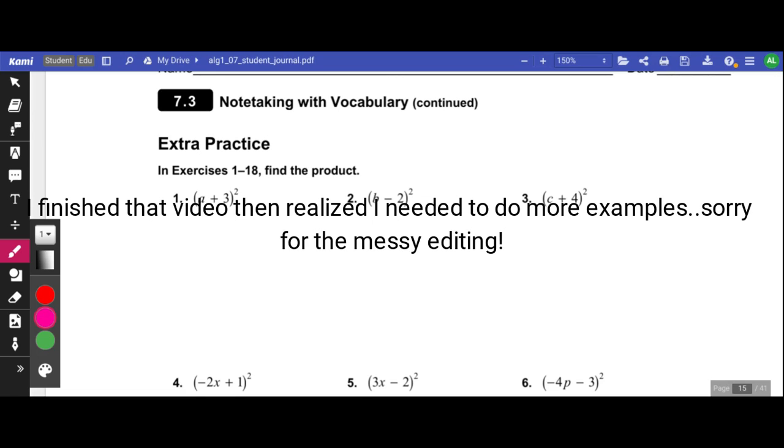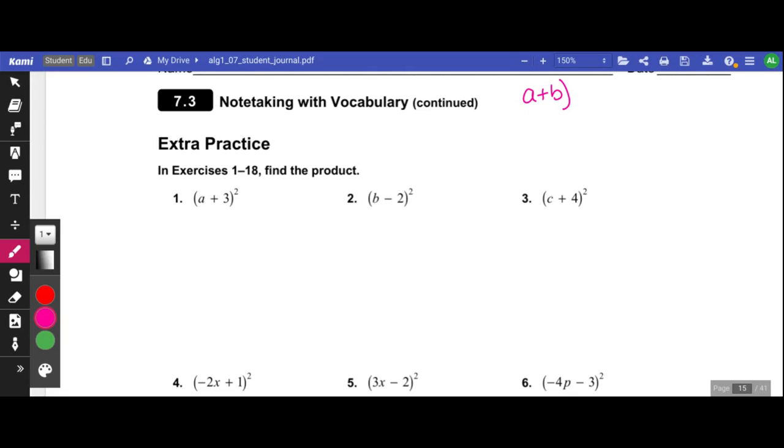Right? So I'm going to write up here the different rules for us to kind of remember. I could have a plus b squared. I know that's going to give me a squared plus 2ab plus b squared.